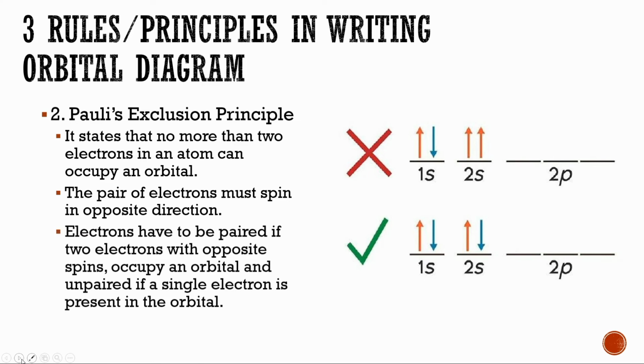Electrons have to be paired if the electrons with opposite spins occupy an orbital, and unpaired if a single electron is present in the orbital. Okay, so meaning to say, kailangan mo na ng kapares ng electron bago tayo lumipat sa bagong orbital.